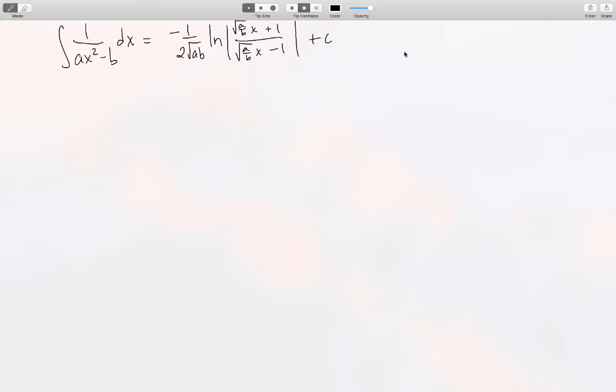To reiterate, the result that I just got from this integration using Calc 2 partial fractions was negative 1 over 2 square root AB ln of square root of A over B x plus 1 on top, and square root of A over B x minus 1 on the bottom.